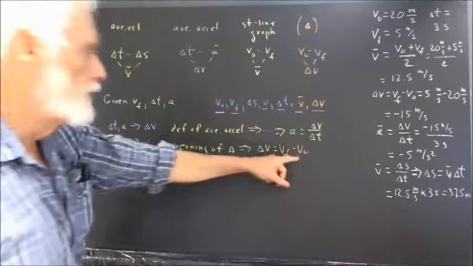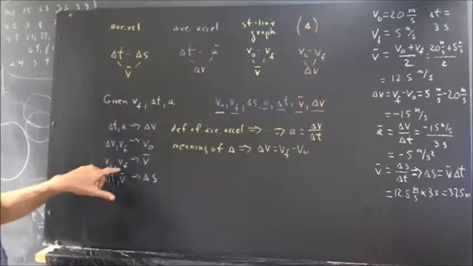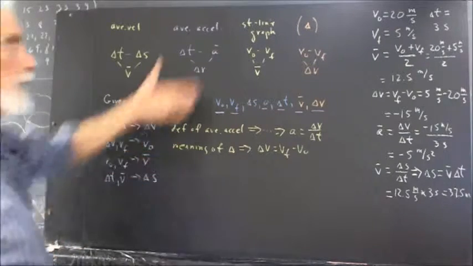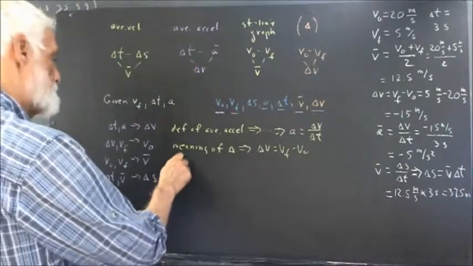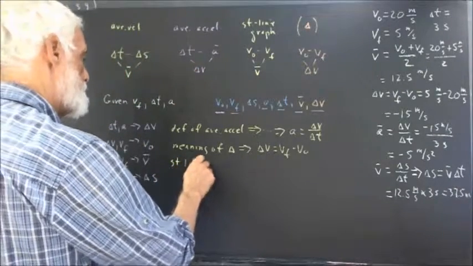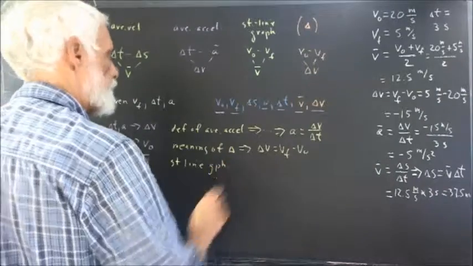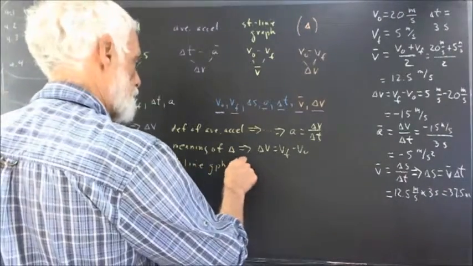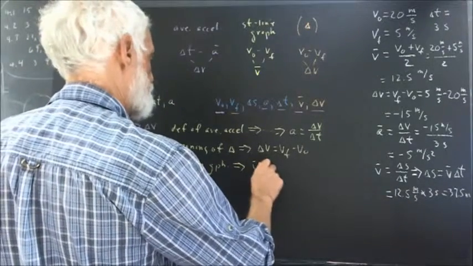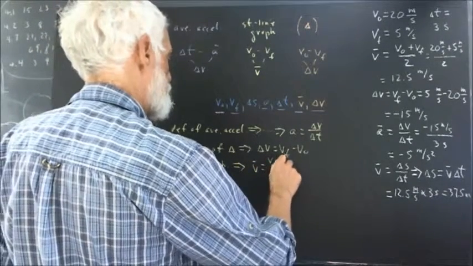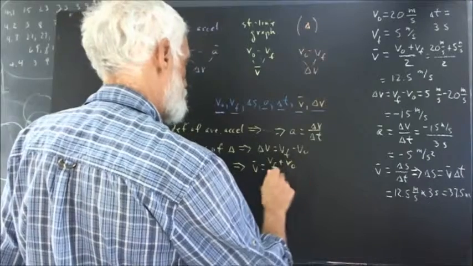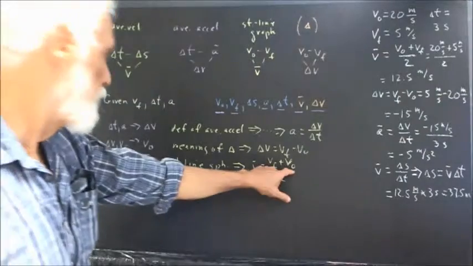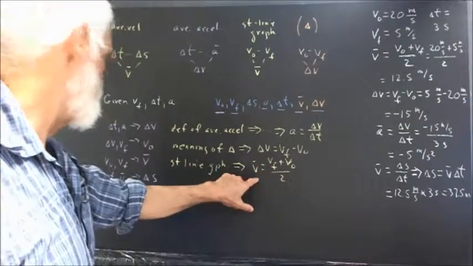We're going to find V naught. Okay, V naught and VF give us V bar. How do V naught and VF give us V bar? Straight line graph. Of course, that's a straight line V versus T graph. I'm abbreviating, but that tells us that V bar equals VF plus V naught over 2. If we know V naught and VF, then we easily find V bar.